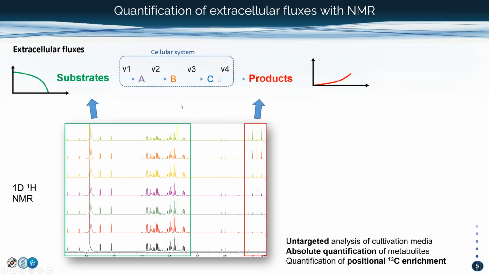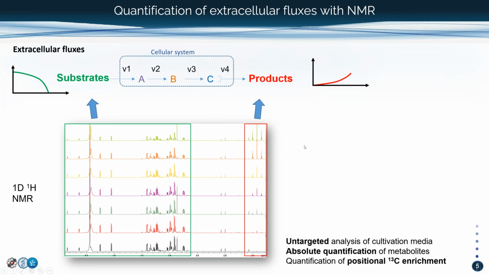The first thing that we can do with NMR is to measure, in a really quantitative and untargeted manner, what is going out and coming in the cells by analyzing the supernatant. It's a really simplified protocol with NMR, and we have the chance that it is an unrestricted and completely untargeted analysis, and we can get quite easily absolute quantification of metabolites.